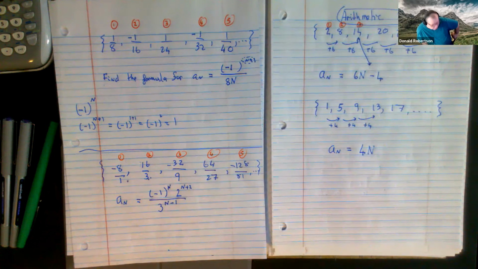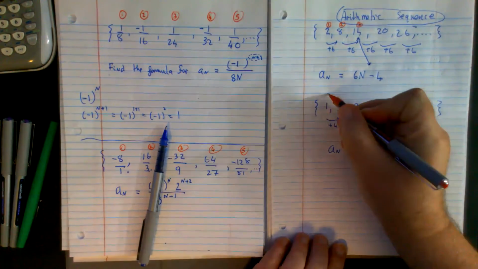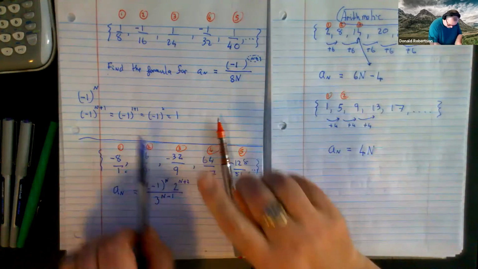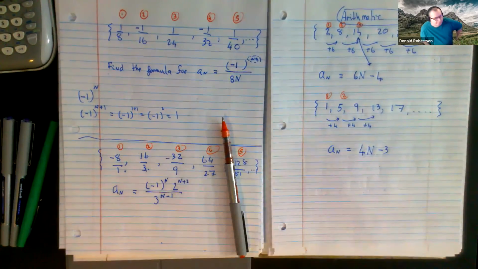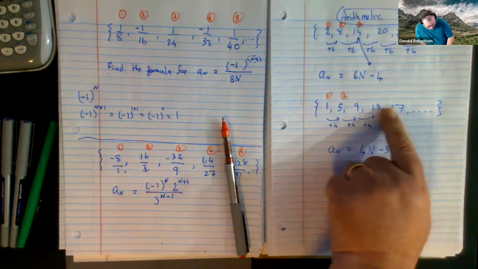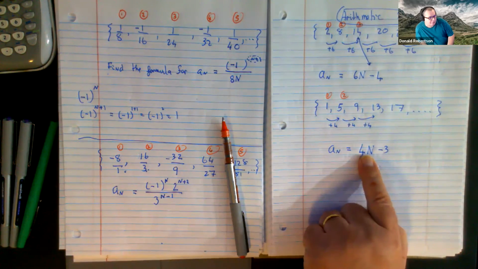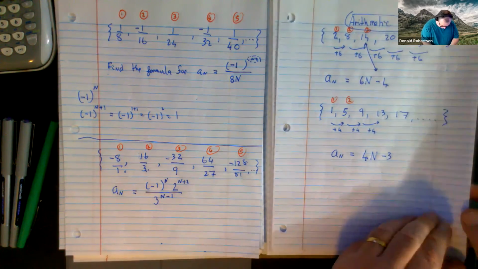Okay, plus or minus what to make the thing finished? Minus 3. Check it out. 4 times 1 should get me 1. Yep, we're finished. So if you have a sequence where you add the same amount every time, that tells you the multiple of n, right? It's going to be 6n, 2n, or in this case, 4n. These are called arithmetic sequences.